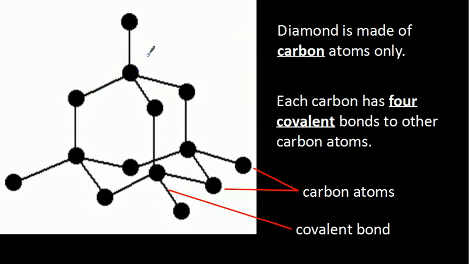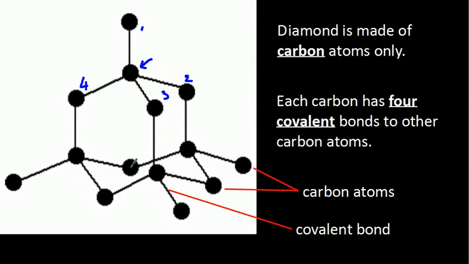Because it is only carbon in there, we have carbon to carbon bonds represented by these lines. What you can see here is that we've got a central carbon atom, and that is bonded to 1, 2, 3, 4 carbon atoms.